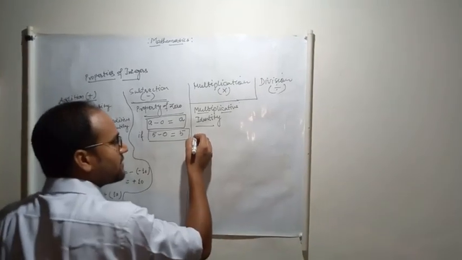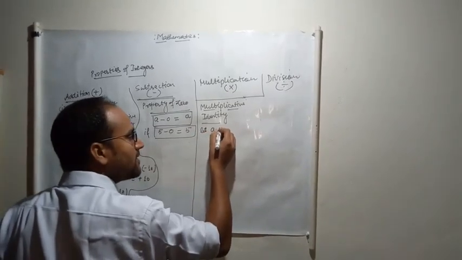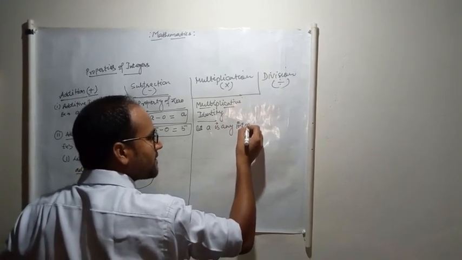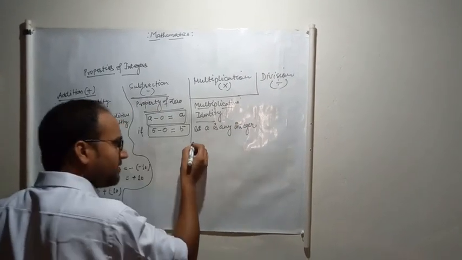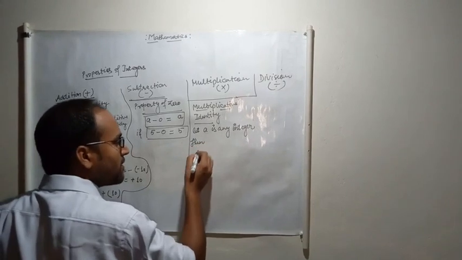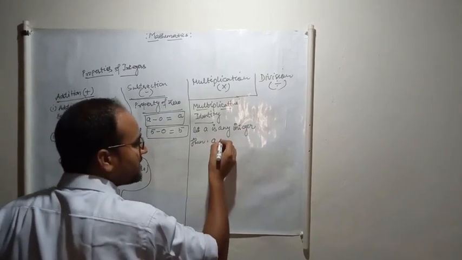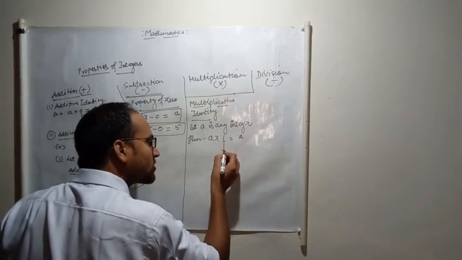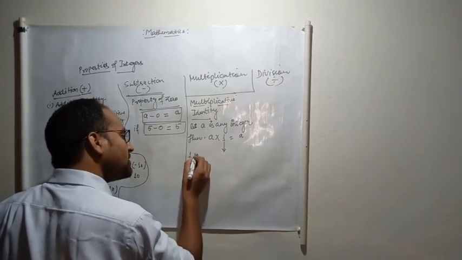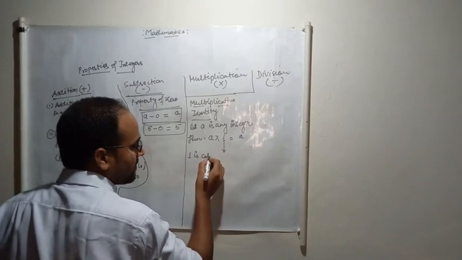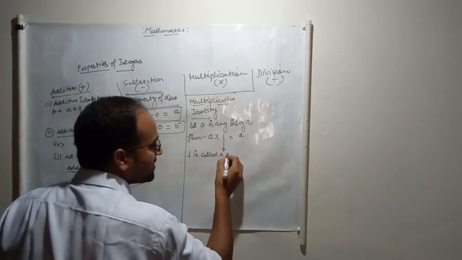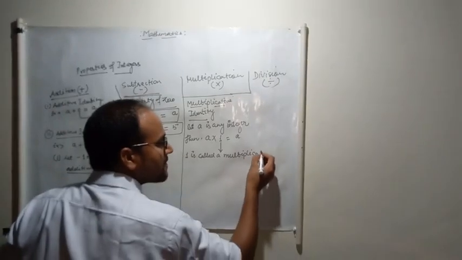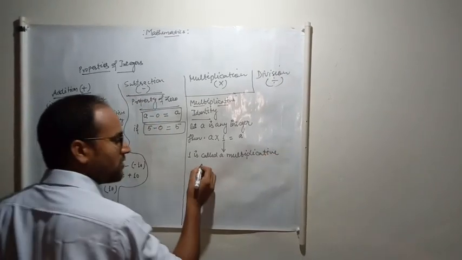So let a be any integer, then a multiplied by 1 gives a. So 1 is called the multiplicative identity.